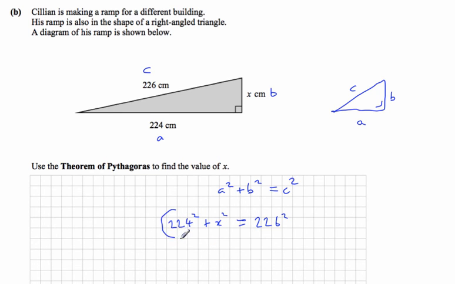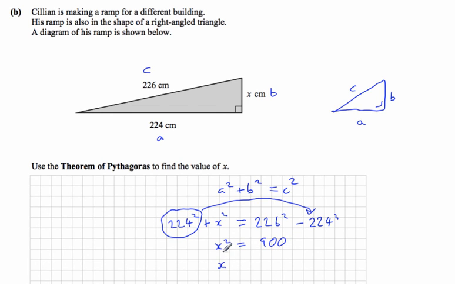Okay, so if we bring this 224 squared over to the other side, it becomes a negative 224 squared, and we get x squared is 226 squared minus 224 squared, which gives us 900.